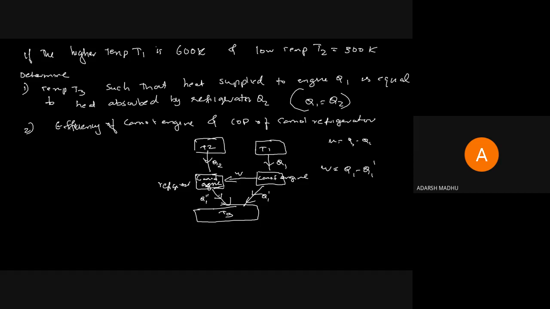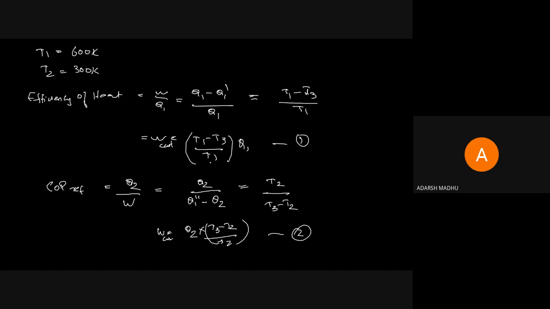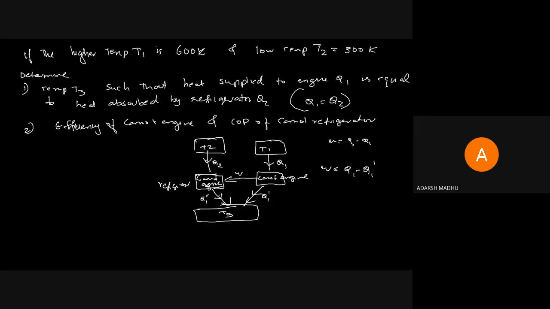So W equals T3 minus T2 by T2 into Q2. We get two equations for W Carnot, equation 1 and equation 2, and we equate both to find our values.